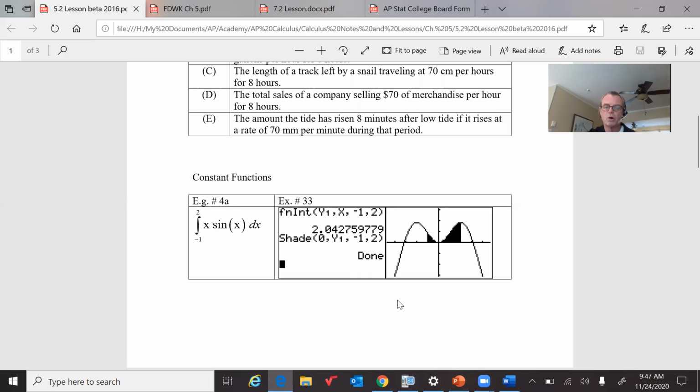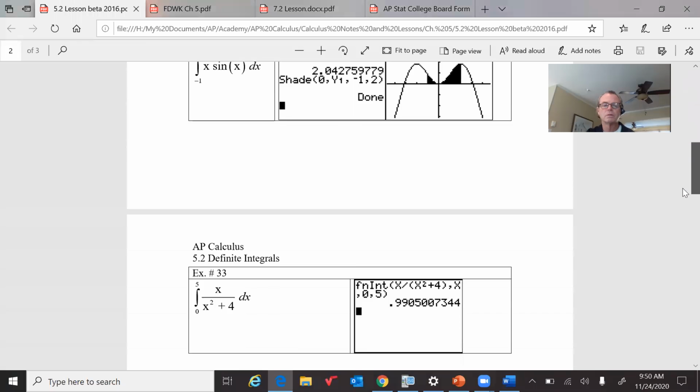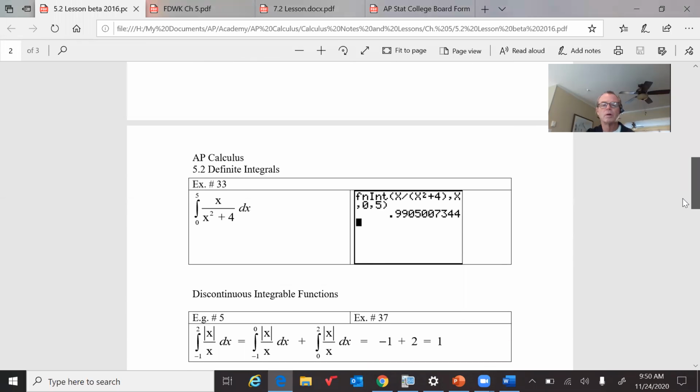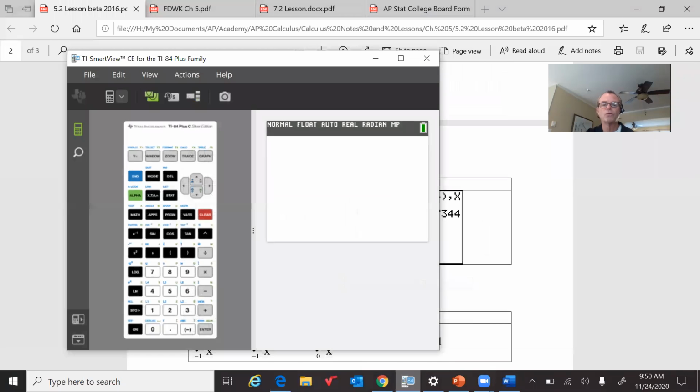Okay. So we're going to pause this. Like I said, you have to have your calculator ready, and so all you have is this. Right, I didn't draw the picture this time. The area under this curve, x divided by x squared plus 4 from 0 to 5, would be 0.991. It's x divided by x squared plus 4.